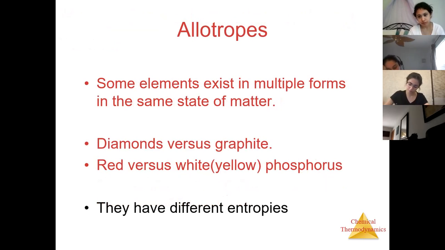Sometimes you can look at different, they're called allotropes. Different elements exist in multiple forms of the same element. If you are dealing with red phosphorus, has everybody here lit a match?